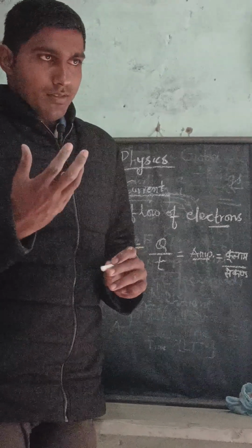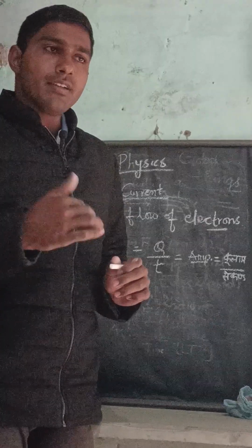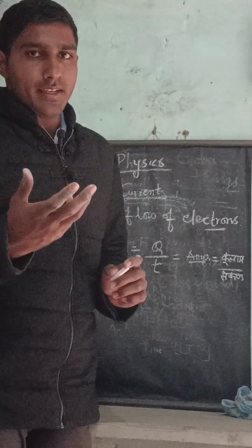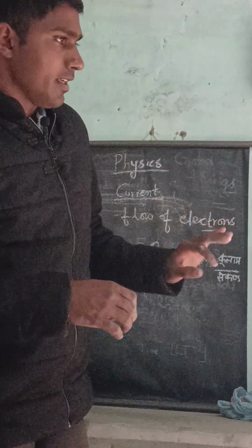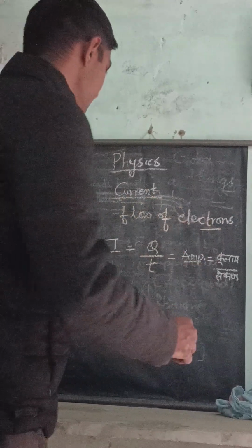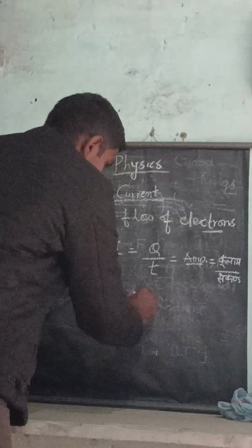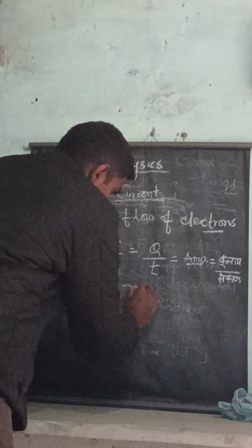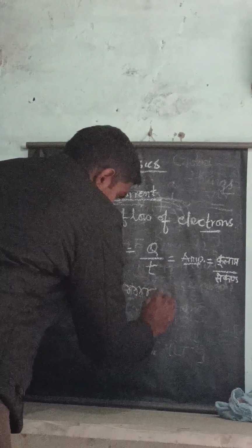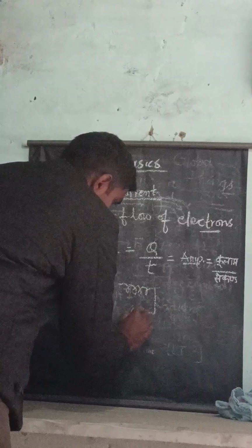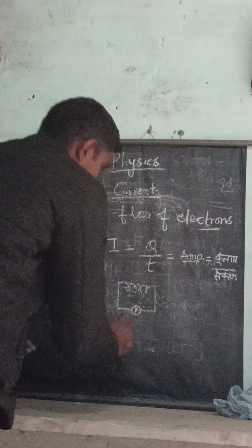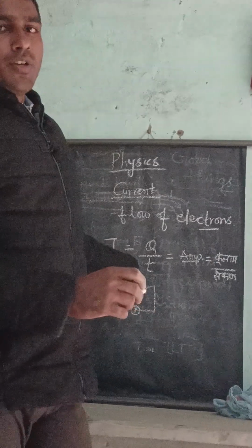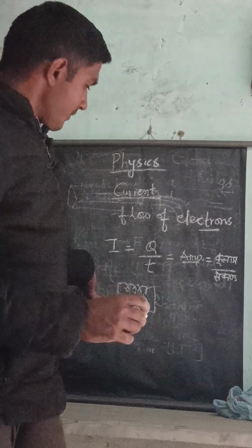It comes under the electric effect of a magnet. Okay, so let us take a circuit which has one coil and a galvanometer, and you take a magnet.